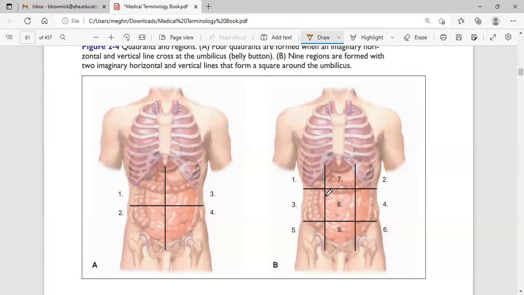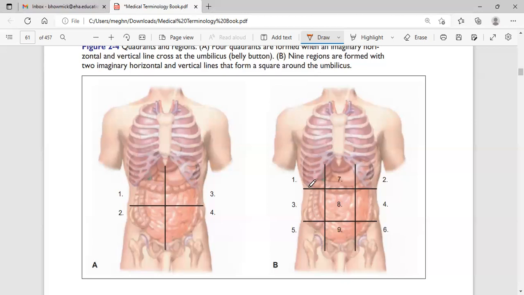For the 9 regions, two imaginary horizontal lines and two vertical lines form a square around the umbilicus, right? So let me go a little bit more. This area is the right hypochondriac, the upper right region located under the cartilage of the ribs.